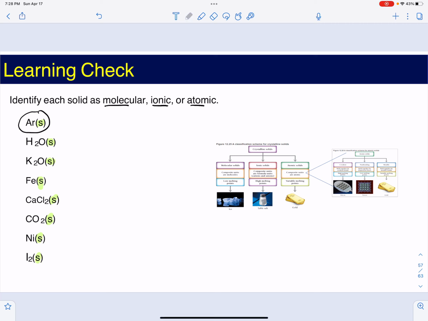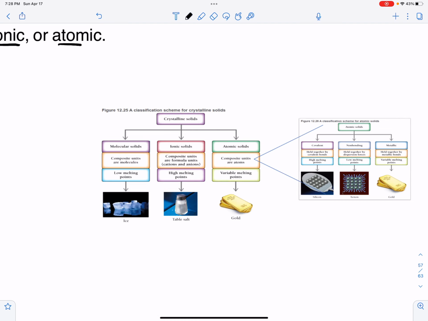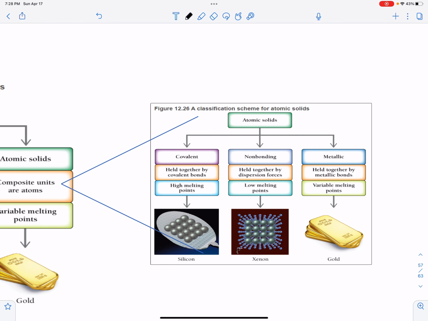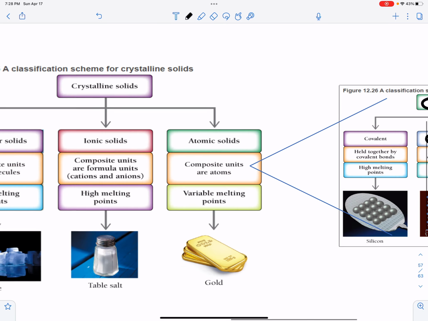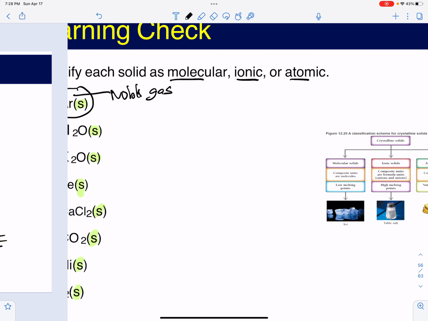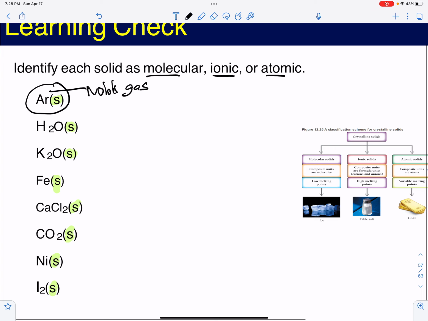So the first one is a noble gas. So that's gotta be a non-bonding atomic solid. So the first one is an atomic solid.